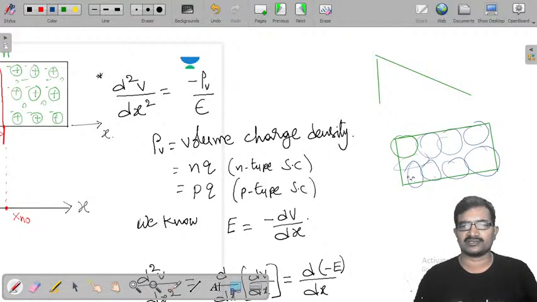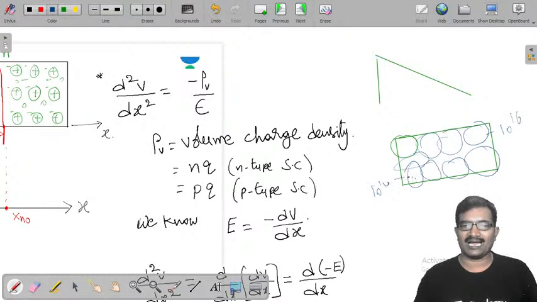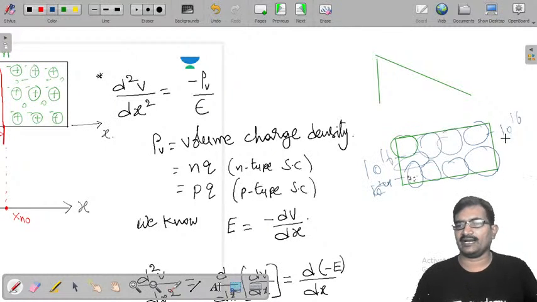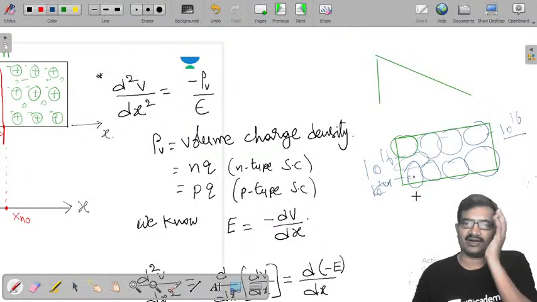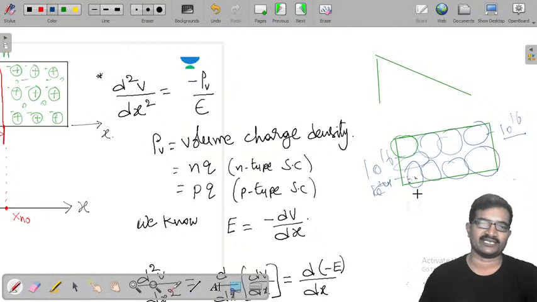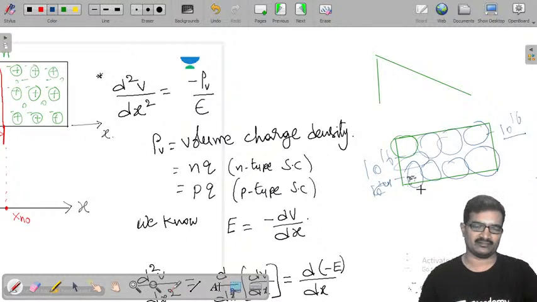It is not like 10 power 14 on this side and 10 power 16 per centimeter cube on that side. If you add 10 power 16 at this point, here also you need to add 10 power 16. At every corner you need to add that much, 10 power 16 per centimeter cube. That is the meaning of uniform doping.